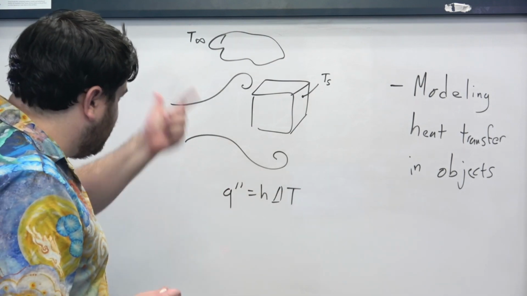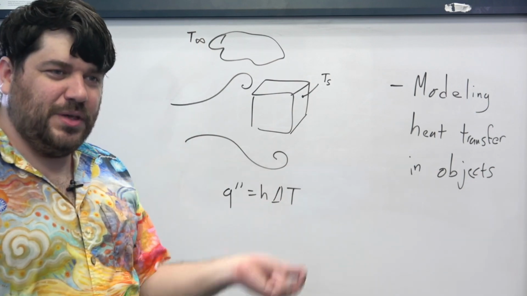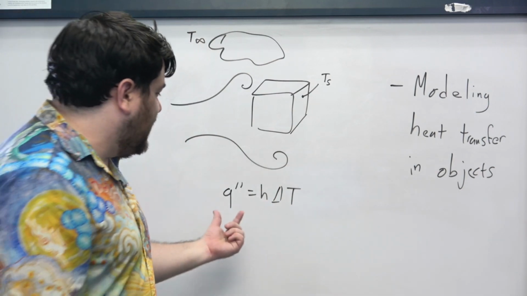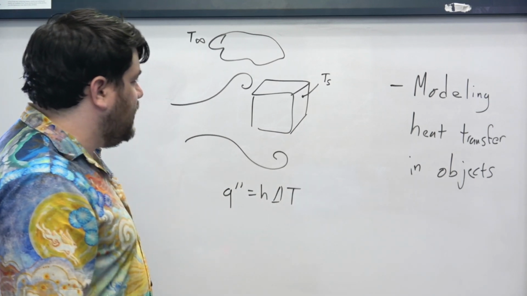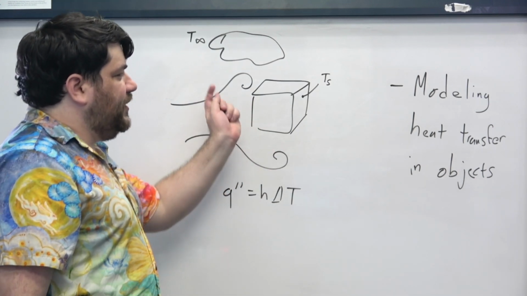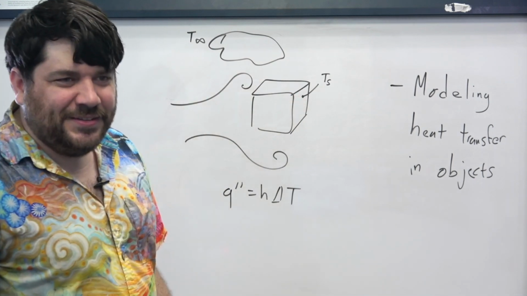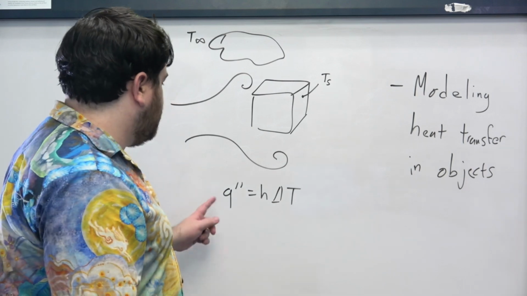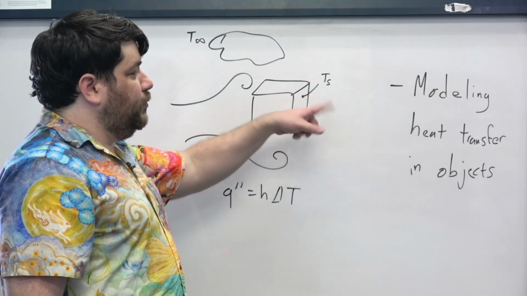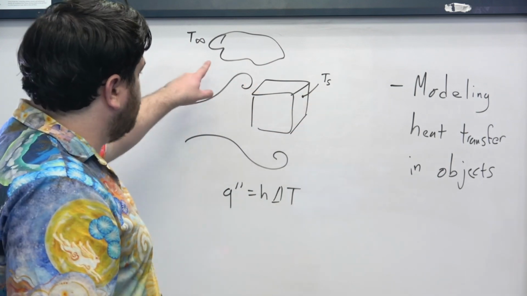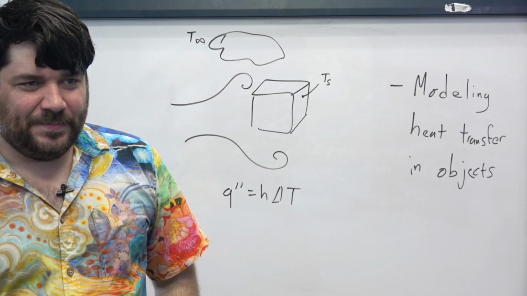And that phrasing, from the cube to the environment, implies something about signs here, okay? If, for example, I'm considering how much is going from the cube to the environment, then we are considering heat transfer that's occurring outwards, which only happens if the temperature of this point Ts is larger than T infinity, okay?